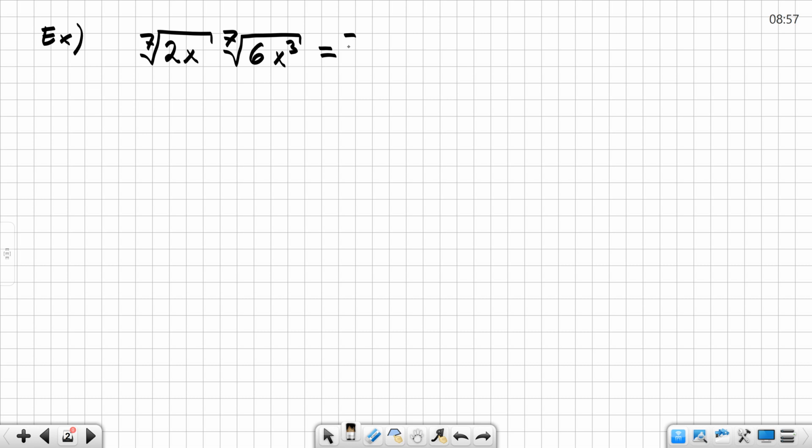So what we have here is the 7th root out of 2x times 6x cubed. And now we are just simplifying the radicand. We are multiplying this out and we get, 2 times 6, that is 12, and x times x to the third is x to the fourth.